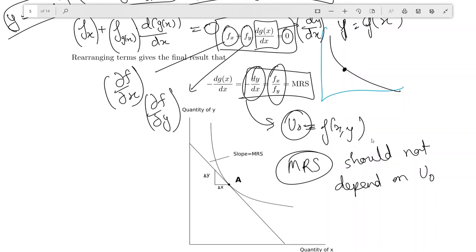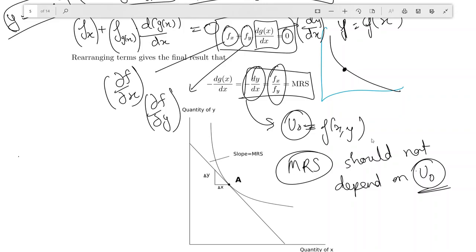It is something which I cannot construct. It should not depend on u naught, because u naught can be changed by a mathematical alteration, that is monotonic transformation. But just because I change the equation with which I represent your utility function, that should not alter the rate at which you are exchanging goods. So your MRS is not dependent on u naught, and that's why MRS is independent of monotonic transformations.